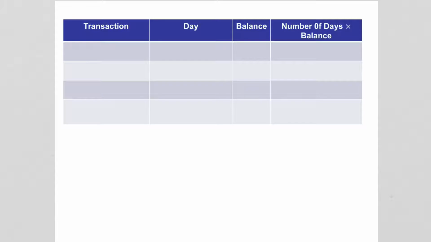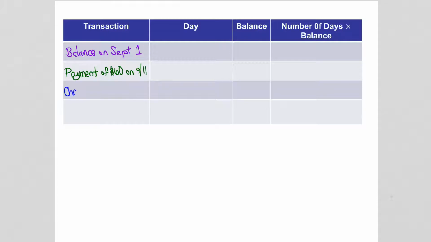Okay, so here's how we go about this. First, we have the balance on September 1st. And then we'll take into account your payment of $60 on September 11th.